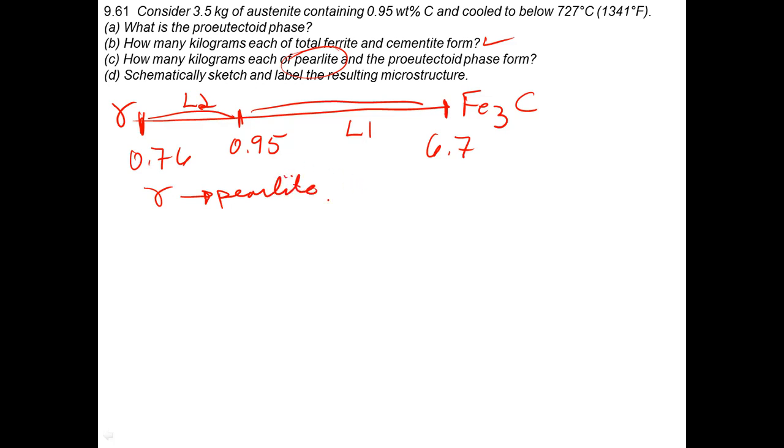So if we calculate the mass fraction of austenite just above that eutectoid temperature, that will equate to the amount of perlite that's going to form.